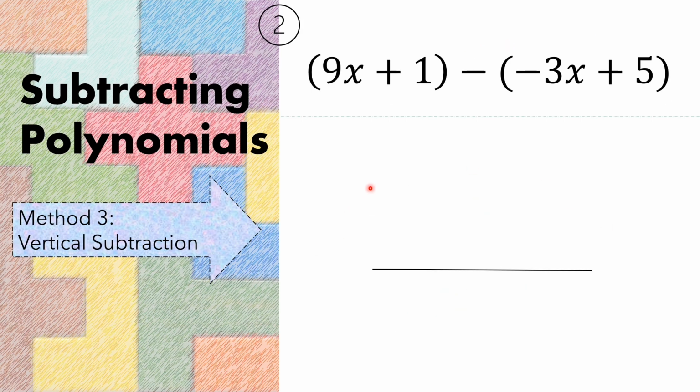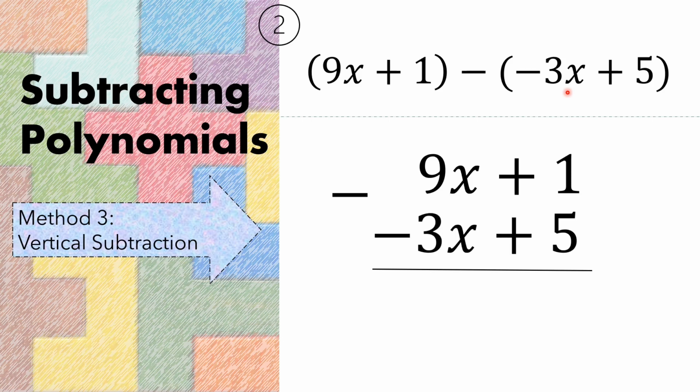Using method 3, vertical or column subtraction. Copy the minuend, 9x plus 1. Then the operation sign minus. Align like terms vertically. Negative 3x under 9x, and then plus 5 under positive 1.